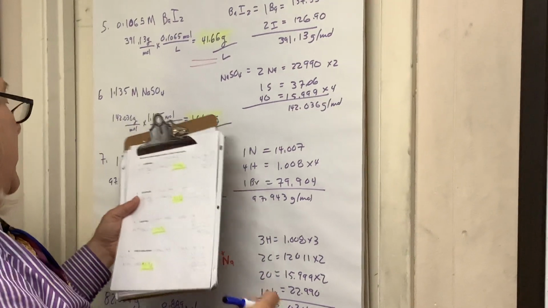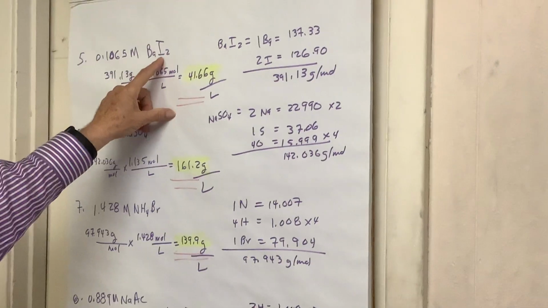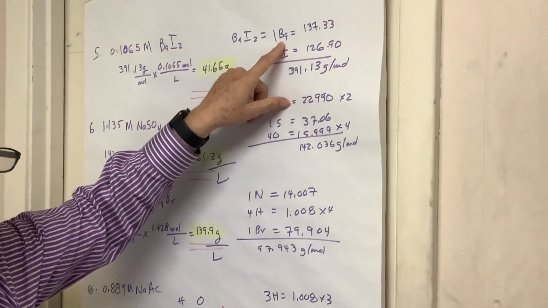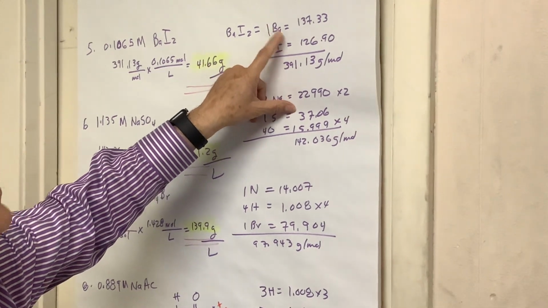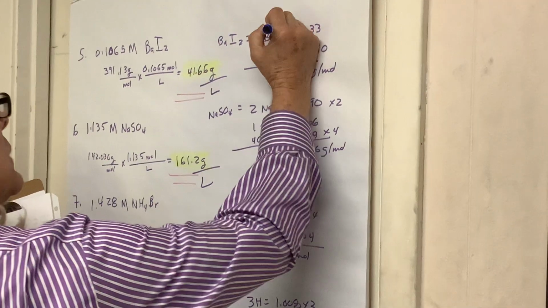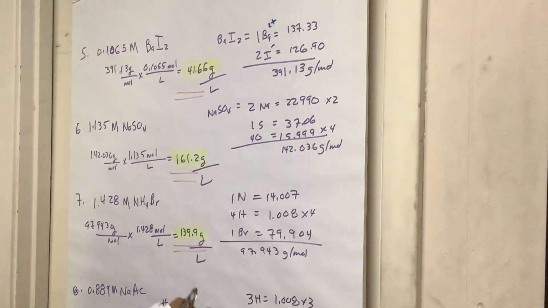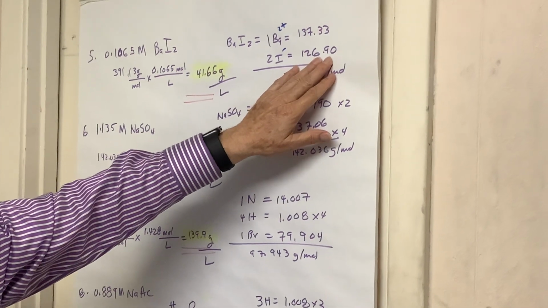The next one said I had 0.1065 barium iodide. 1 barium, because it's group 2. It's element 56 there in group 2. It's always a 2 plus, it's ions, and the iodide is group 7, it's always 1 minus. Iodine is 126.90.